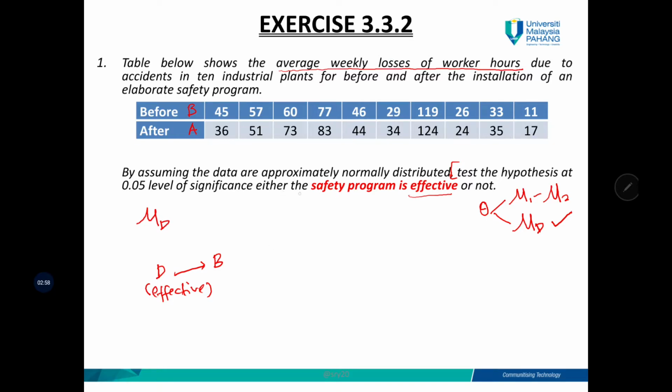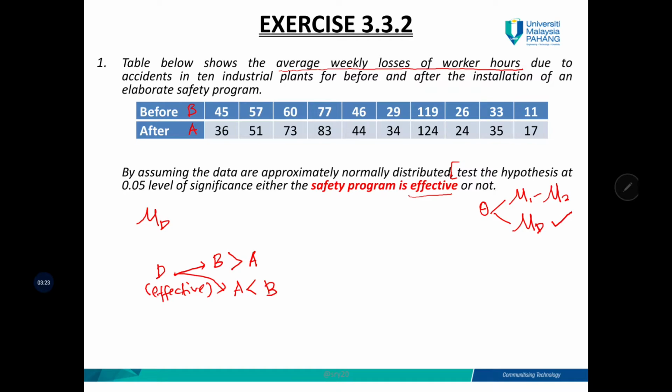To show that the program is effective, the data before should be greater than the data after, or the second version, data after less than data before.